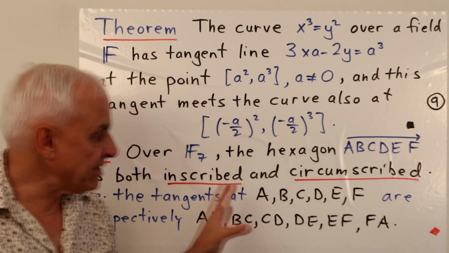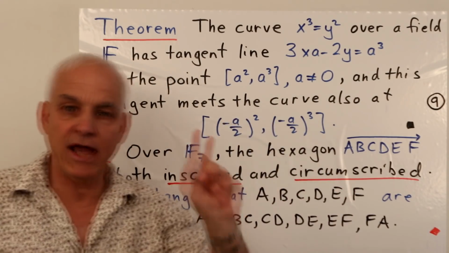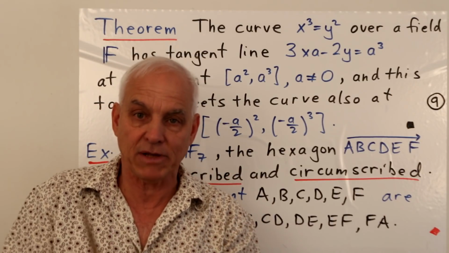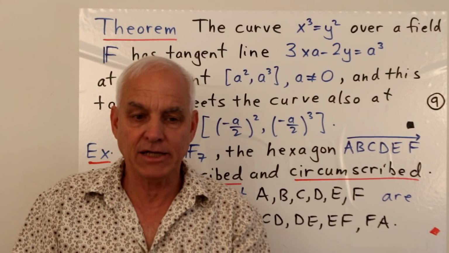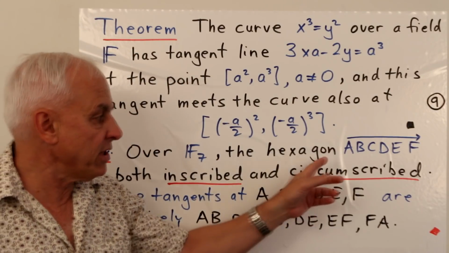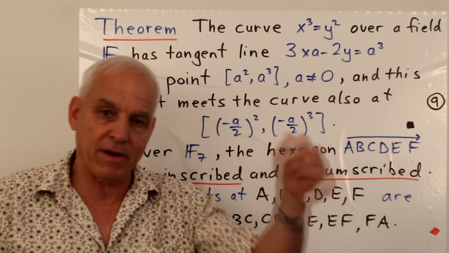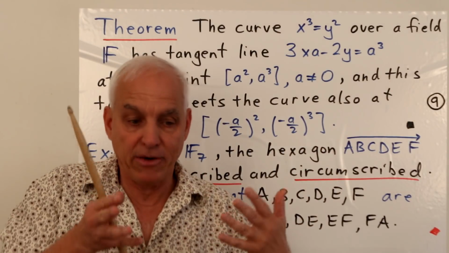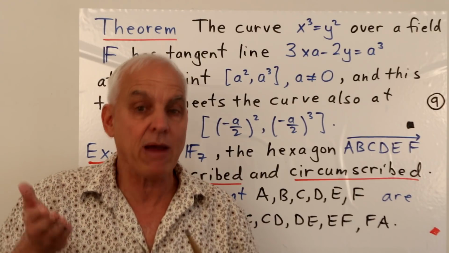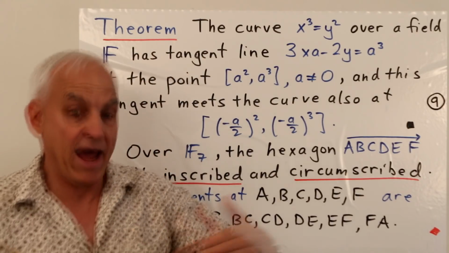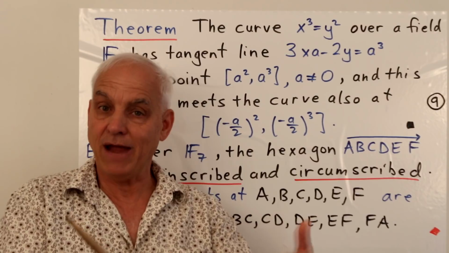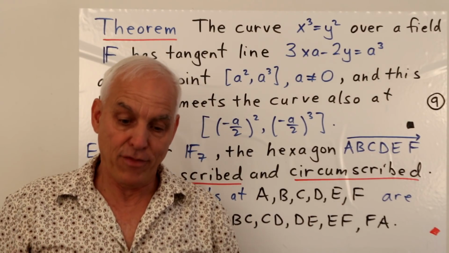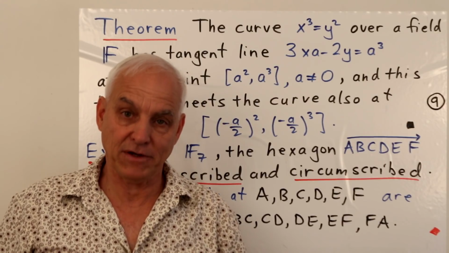Some of these things are happening here because we've chosen F7, and 7 is a small prime which has certain very pleasant properties. And if we had chosen a bigger prime, we wouldn't expect that this thing closes up after 6 points. We might have to go further. So number theoretical aspects of whatever prime we're working over will impact on the geometry and the calculus that you can expect to have over that finite field.